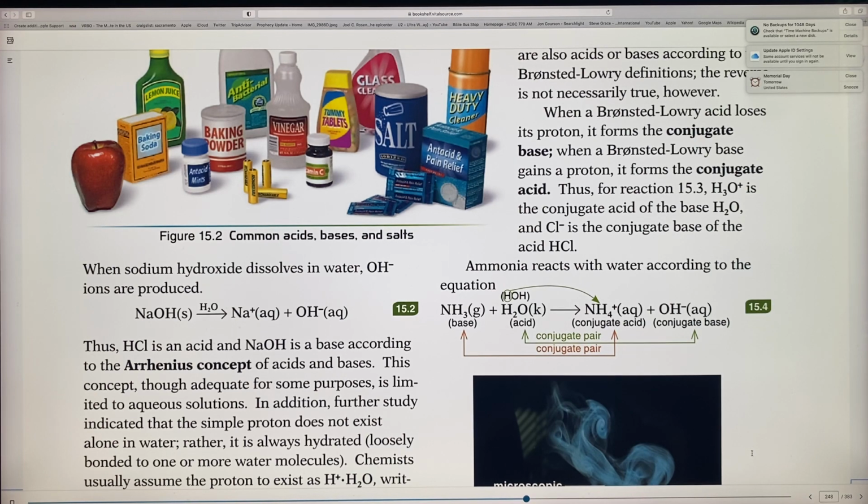We have a conjugate acid of the base of water and chlorine as a conjugate base here. So just think of conjugate pair. Conjugate means it's producing something. One side is producing the base to the acid and the acid to the base.